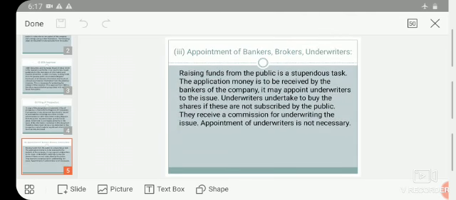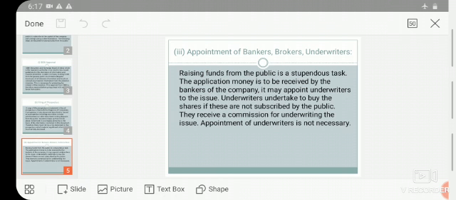Then the third one: the company has to appoint its bankers, brokers and underwriters. What do you mean by appointment of bankers? It means the application money is to be received by the bankers of the company.